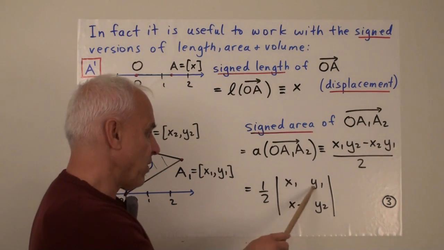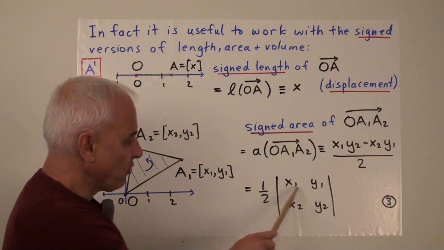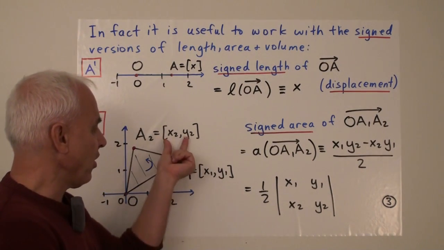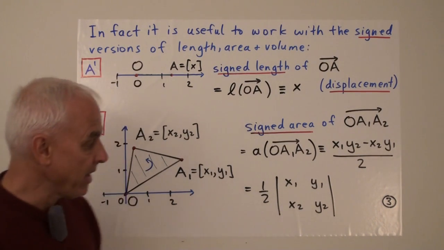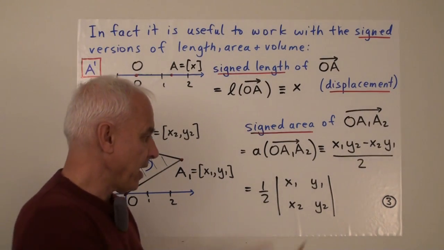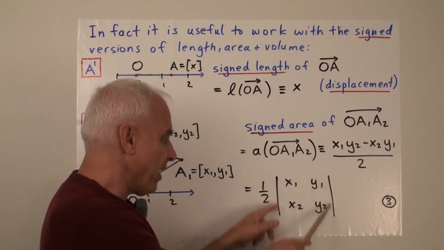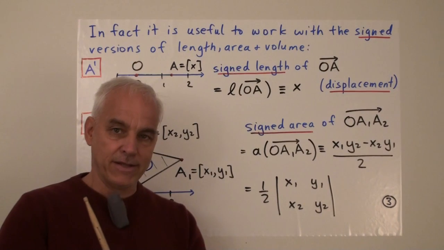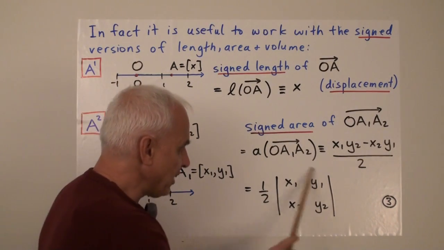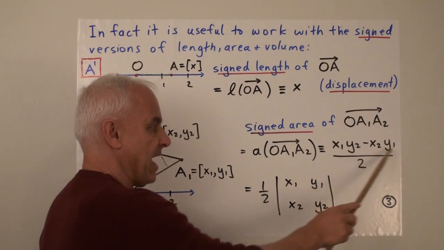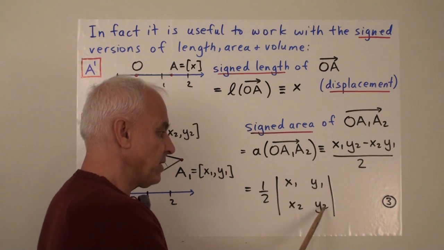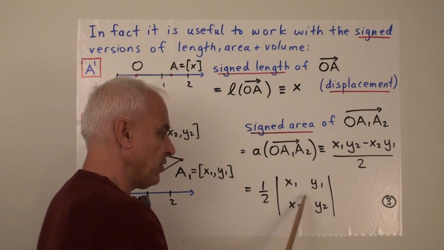So the matrix with rows (x1, y1) and (x2, y2), whose rows are just the coordinates of our 2 vectors, has what's called a determinant. Now the determinant is denoted by these square brackets, and the value of that determinant is by definition exactly this quantity. So x1 times y2 minus x2 times y1.